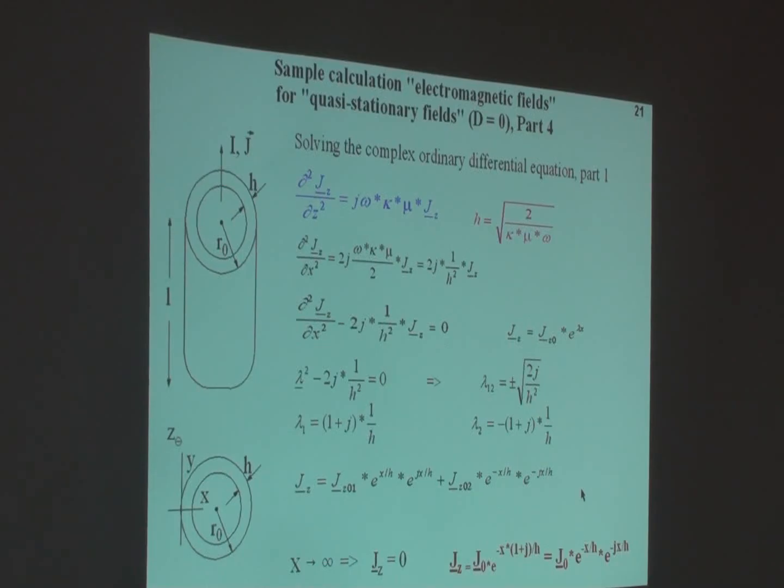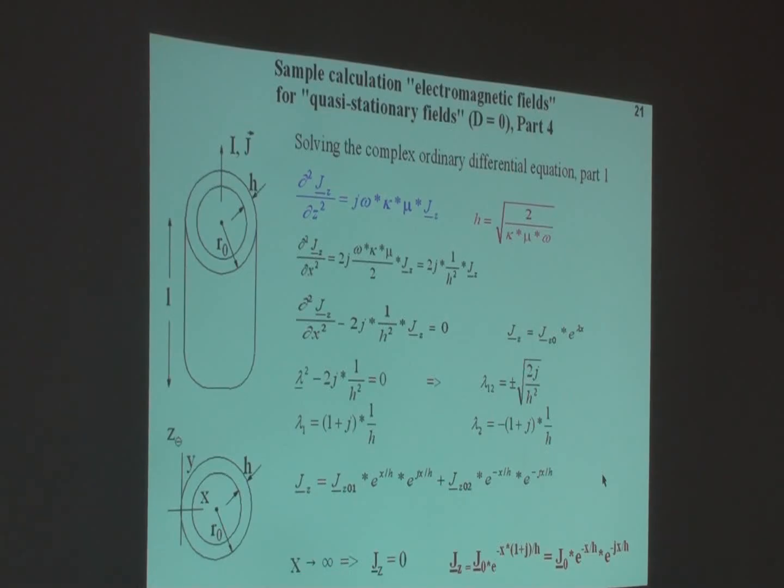So when I draw here a conductor, and the current density, if here is x, it is null at the outside. The current density decreases from the outside to the inside, and if you have high current suppression, it becomes zero. That's important.